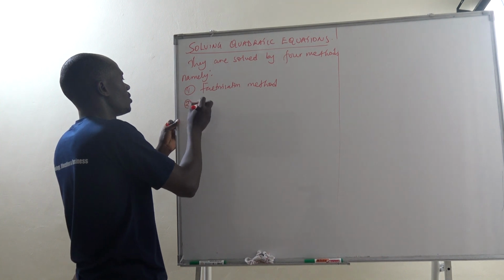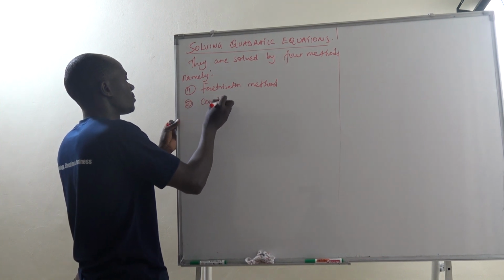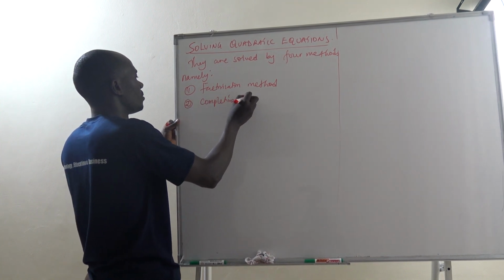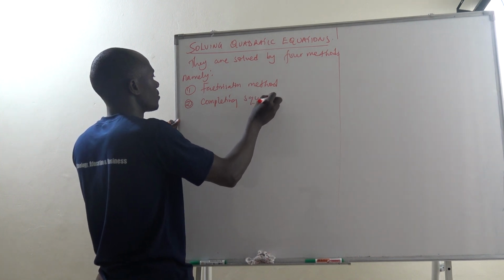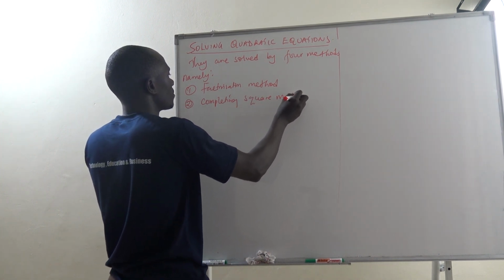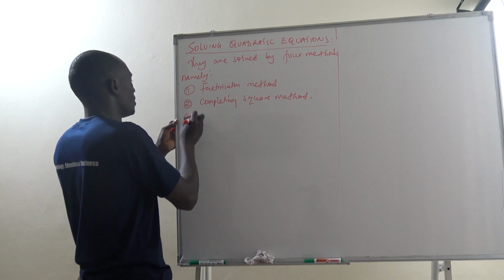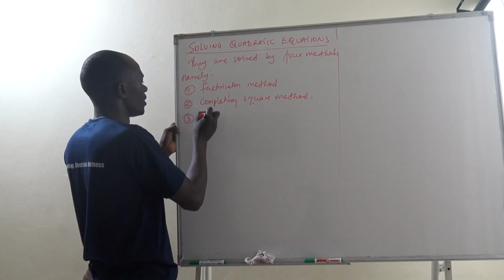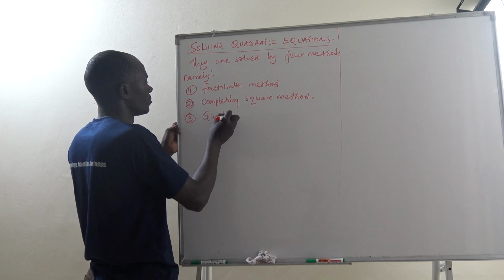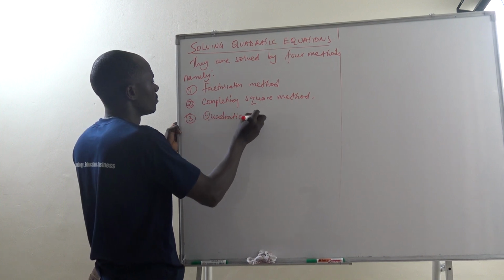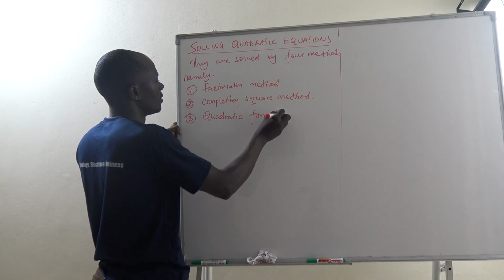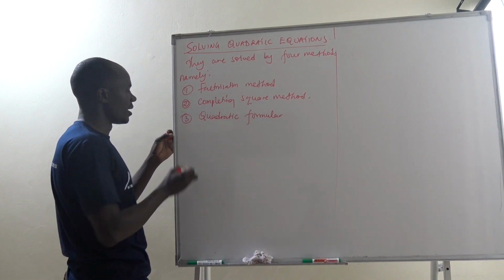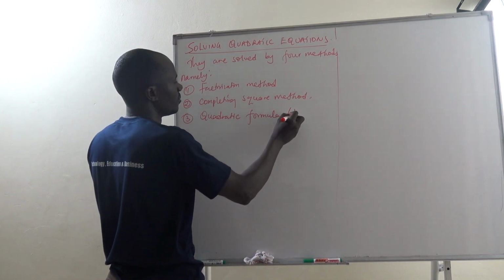The second one is the completing square method. Then another one is the quadratic formula, which people call the bulldozer.